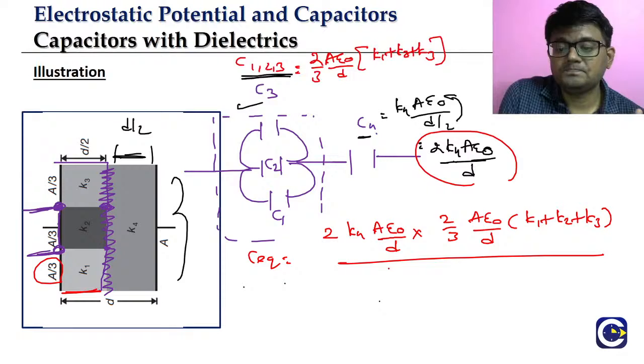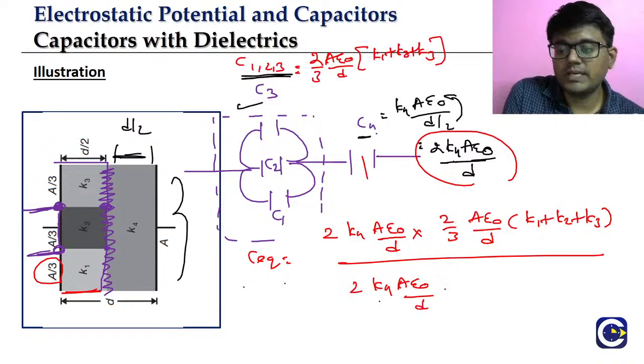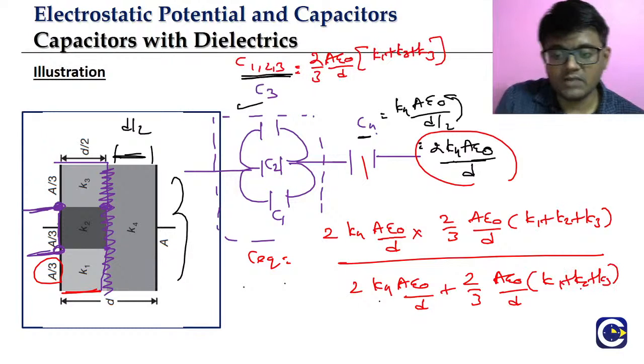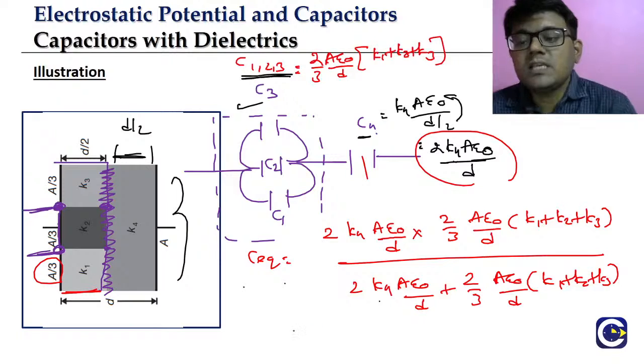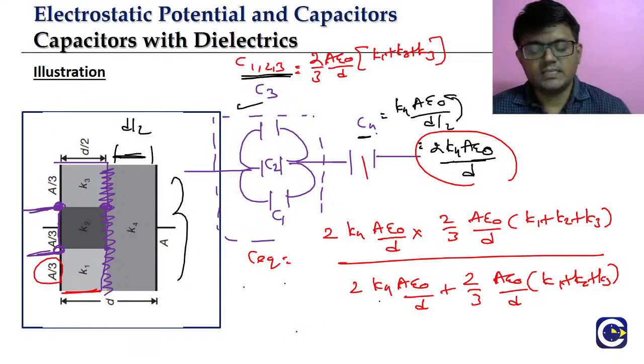C1 C2 by, what is it? 2 times K4 A epsilon naught by D plus 2 by 3 times A epsilon naught by D into K1 plus K2 plus K3. Okay? This is our C equivalent value.